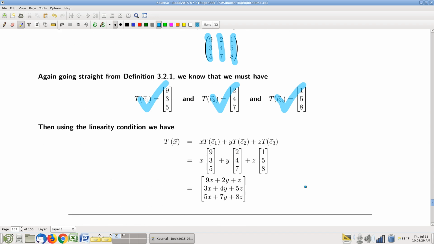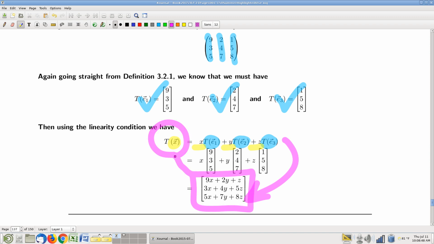So if you know the images of the standard basis vectors, then by linearity, for any vector x with coordinates x, y, and z, just multiply it out, and there's your formula for T of x. So give me a linear transformation, we can make a matrix. Give me a matrix, we can find the linear transformation. These things are corresponding at this point.